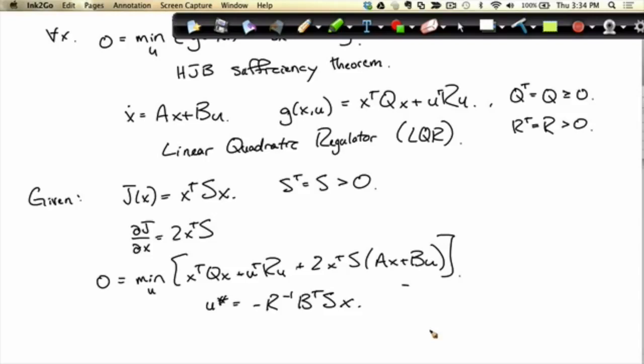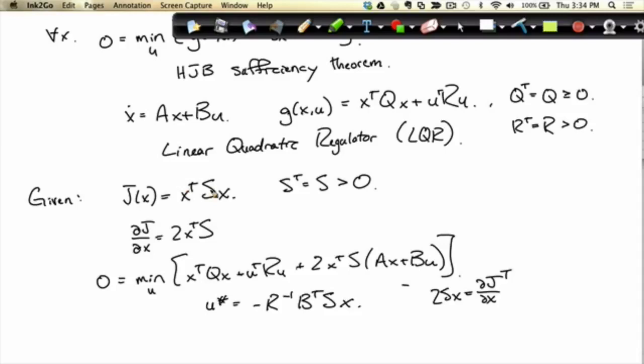And now, when you see Sx, you should be thinking partial J, partial X. This is really the same story I told you before. So Sx is the same as partial J, partial X here, modulo a transpose, I'm missing a transpose somewhere, and a factor of 2. But this is the same story I told you before, that if I have a nice quadratic cost to go function now, J is some quadratic bowl.